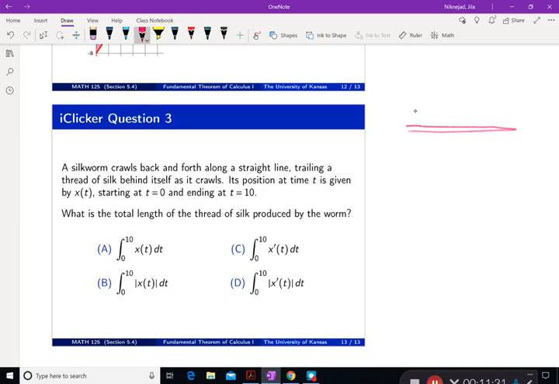If I take the integral of the absolute value of the rate, then it gives me the total distance traveled, which makes sense with the amount of silk produced. So I have to do absolute value and I have to do rate. Which one? This one has absolute value, and this one has absolute value. That one is the position itself, so that's not the rate, but this one is the rate. So this is the answer.